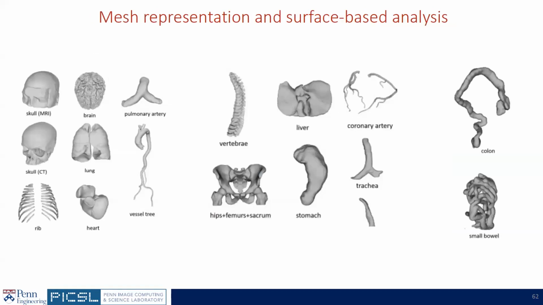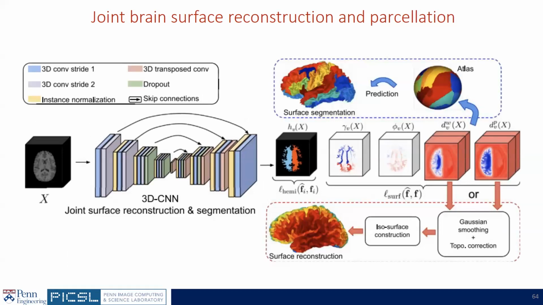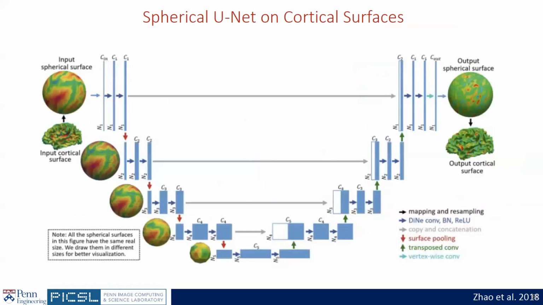I just wanted to show how these things are done. Here, the cortical surface that you had from before, the white matter surface and the gray matter surface, I represent this as a mesh or a surface, and then pass this through a bunch of graph convolution networks to get some kind of final output, which does the segmentation in this mesh space, right?